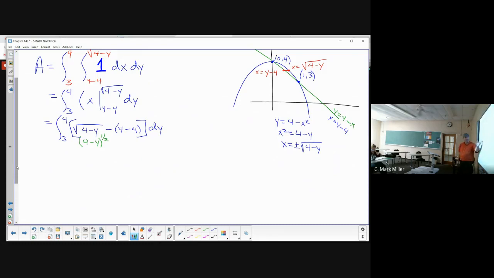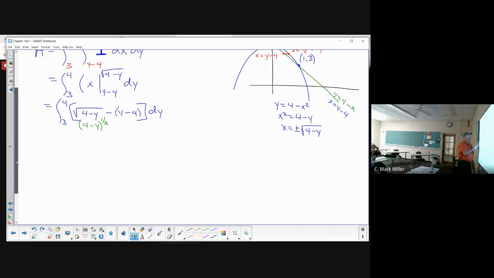Well, I need the derivative of the inside on the outside. That's a negative sign. So the antiderivative is going to be negative 4 minus y to the 3 halves divided by 3 halves.